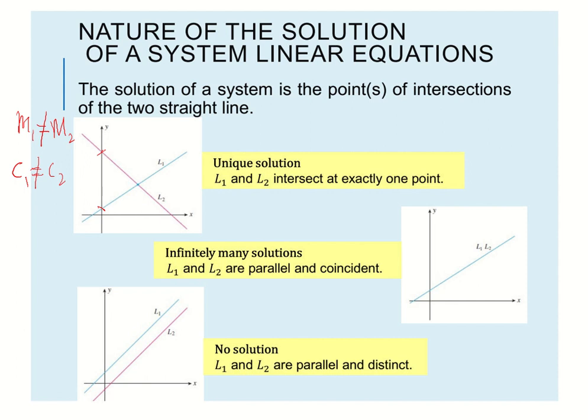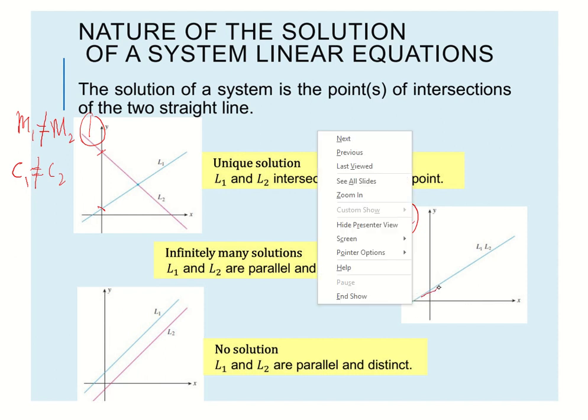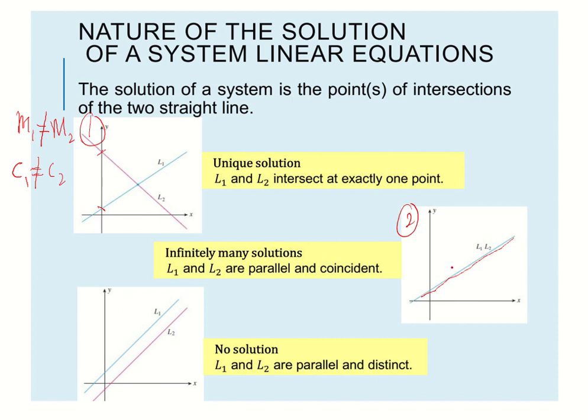Okay, now let's look at the second situation here. We know that the two lines are parallel and coincident, so they overlap each other. So what happened to the slope? Do you think the slope is the same? Yes, the slope is the same. m1 is equal to m2. For these two lines, they have the same slope. Now, what about the y-intercept here?